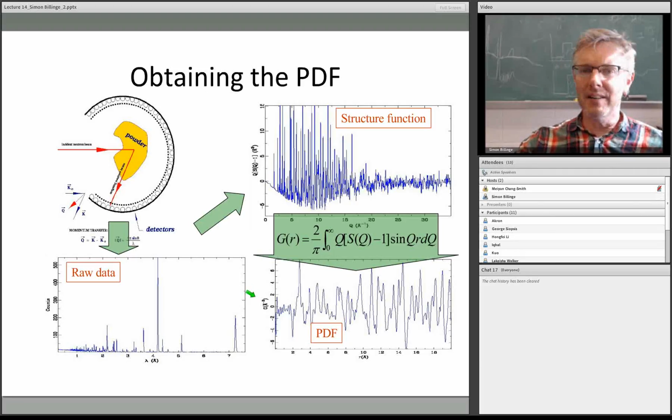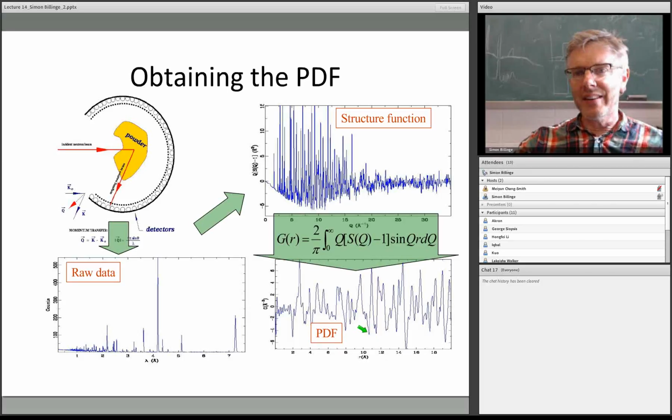It's a probability of finding 2 atoms separated by this distance over here. So what you can see is that in this particular material, there's a high probability of finding 2 atoms separated by a distance a little bit less than 1 nanometer. There's a very low probability of finding atoms separated by this distance.